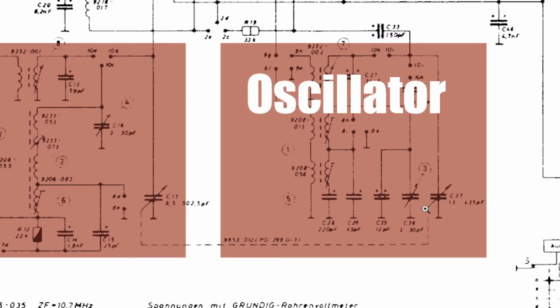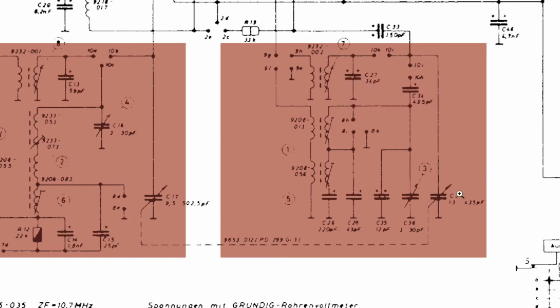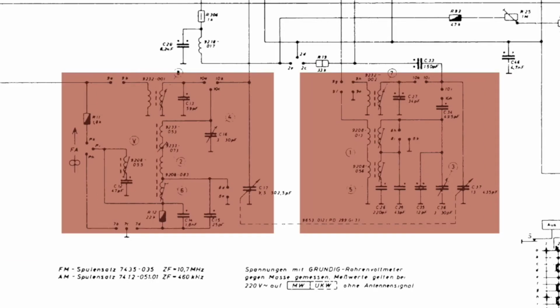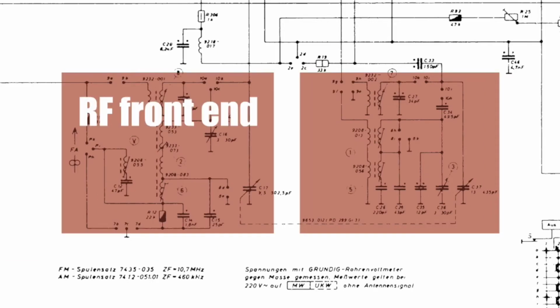This second stage on the right is the oscillator. What that does is it tunes, also using the other half of that tuning condenser, the oscillator frequency to match the frequency that we've chosen here on the front end. So what you really have is a front end that tunes to a frequency F, depending on which band you've selected.